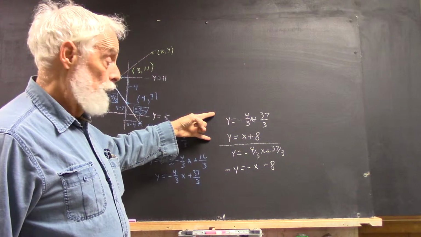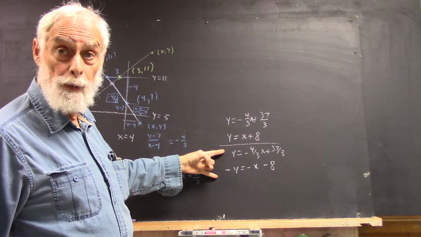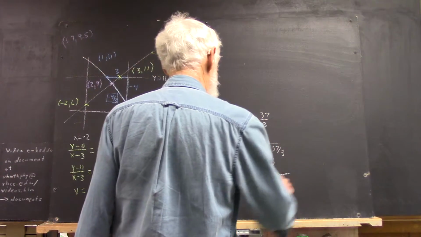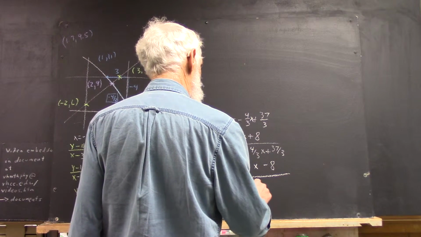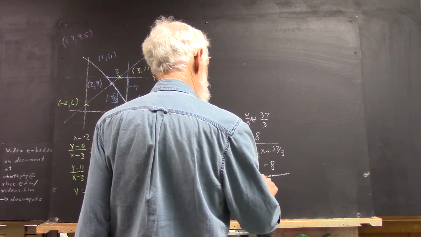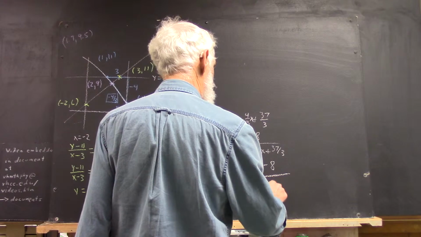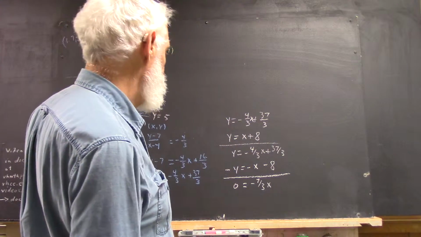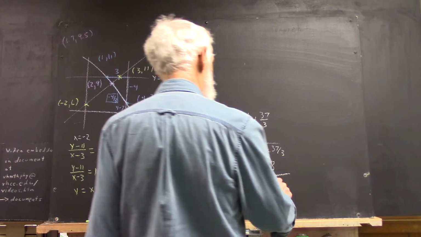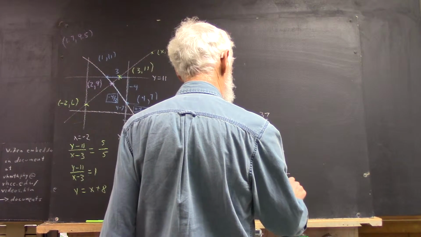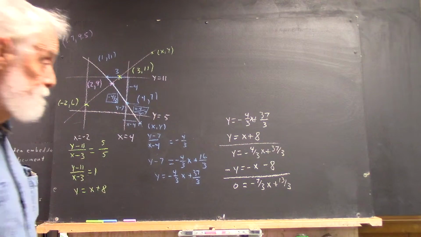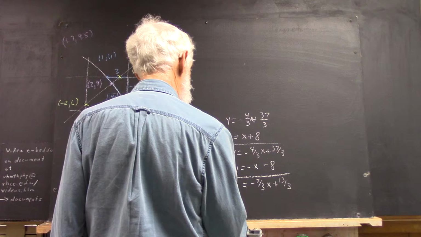Any solution to these equations will be a solution to these equations, and vice versa. Now, I add these, and I get 0 equals negative 7/3 x. And negative 8 is going to be negative 24/3 added to 37/3. I get 13/3.